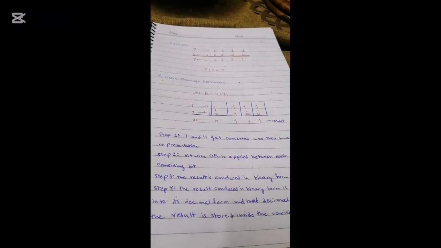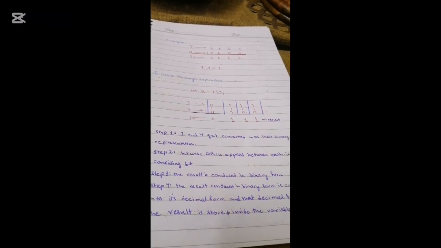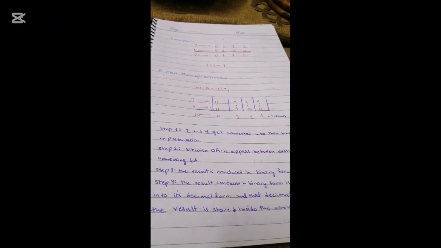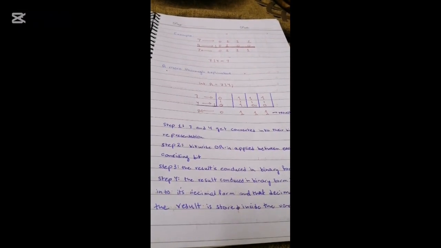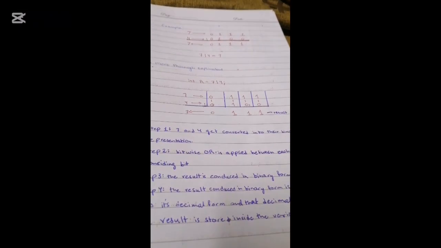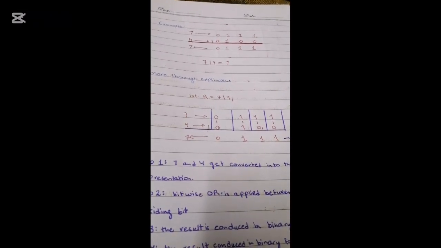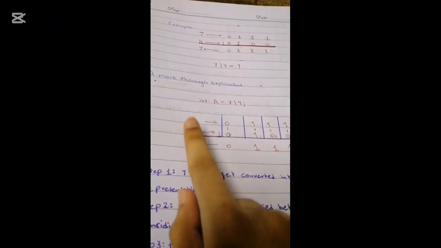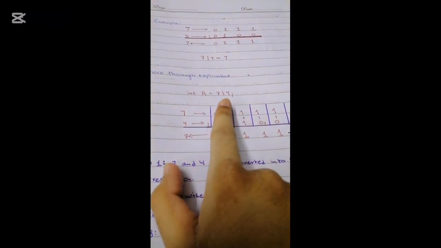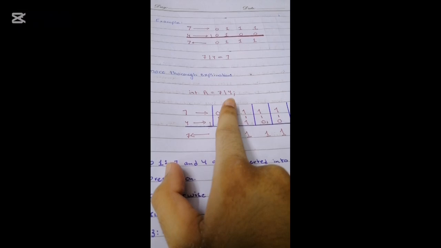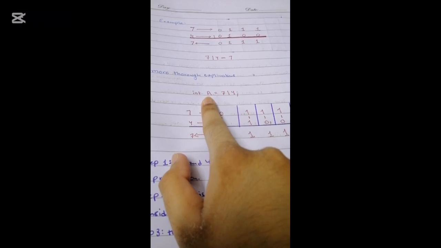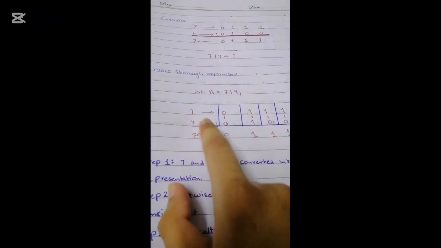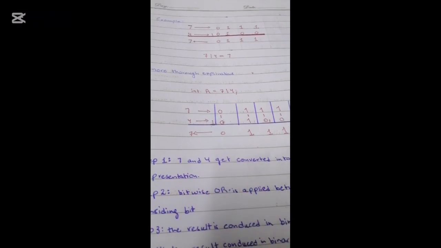And step 4 is the result conducted in binary form is converted into its decimal form, and that decimal form of the result is stored inside the variable, meaning that when we apply the bitwise OR operator on 7 or 4, the result that was stored inside the variable a was 7, this final answer.